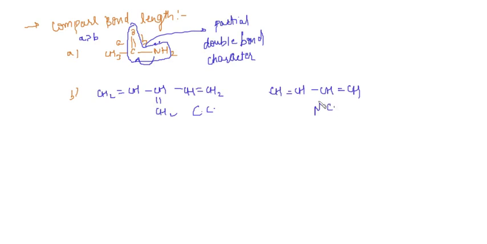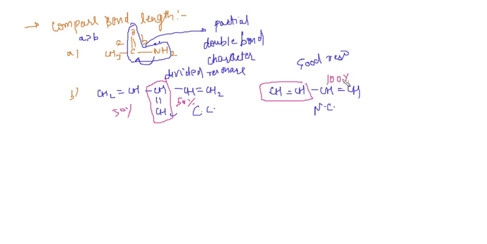We know that in normal conjugation there is good resonance, and it is undivided resonance. What does it mean? Here, the resonance of this bond is divided 50% here and 50% here. But for this bond, it is 100% involved here. So here resonance is good, and here resonance is 50% divided.